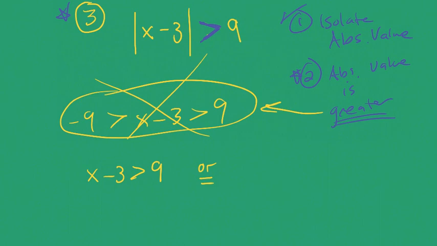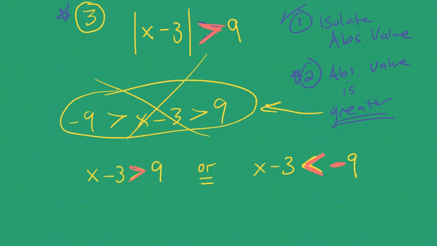X minus 3 is greater than 9, or x minus 3 is less than negative 9. So the inequality symbol is changed. It's not open to the x minus 3 anymore. On the first one it is, on the other one it switches, and we've got a different sign.